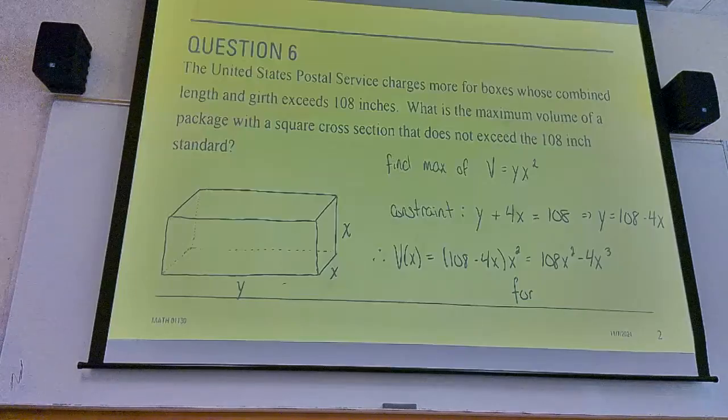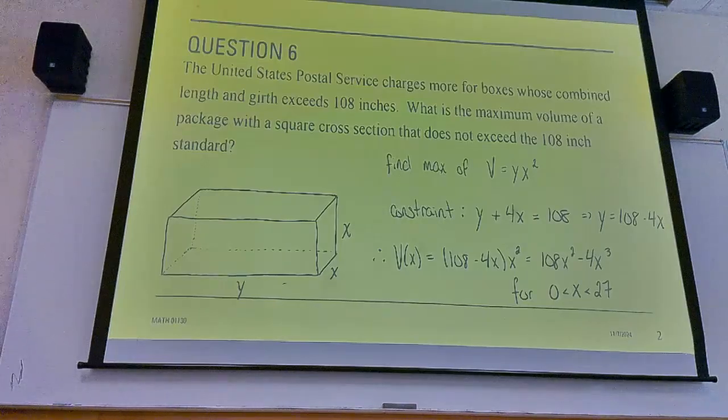Okay, not for volume, so whatever the maximum value is where the first term is still bigger than the second. What is it? Between 0 and 27. Why? Well, length can't be negative, and 4x has to be within 108.